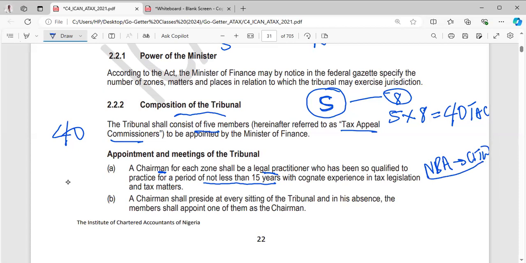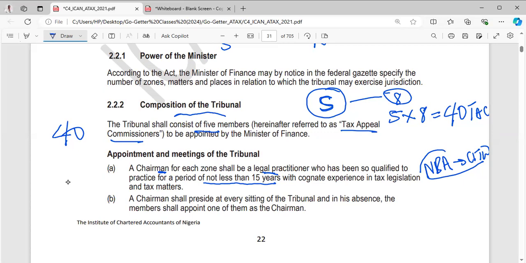For you to also be a chairman, you must be a member of the CITN, which is the body that is charged with the administration of tax in Nigeria. So the chairman must be a member of the NBA, a legal practitioner for not less than 15 years.